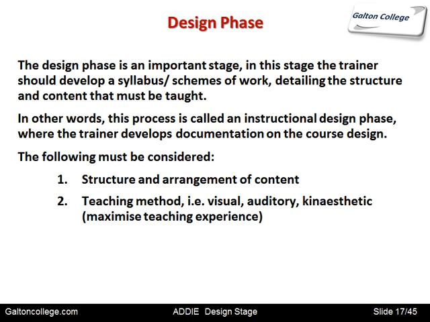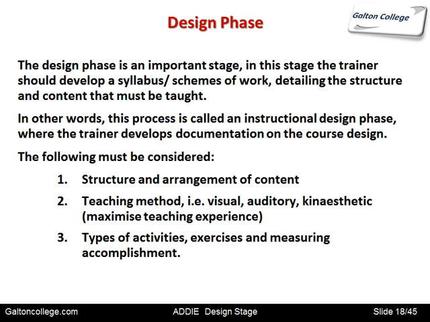That will be decided in 1, as we've got on the slide here. In 2, how will this be done? As I said earlier, will it be PowerPoint slides or videos or whatever? The trainer must also decide on the types of activities that will be used, exercises and measuring accomplishments.